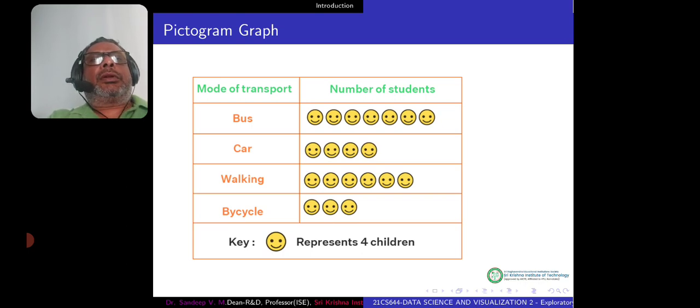Some students come by bus, some in a car, some by walking, some by bicycle. So how many come? We use one facial picture to represent 4 children. Then we count these in each of the rows and multiply by 4. That is a simple way of representing our data.